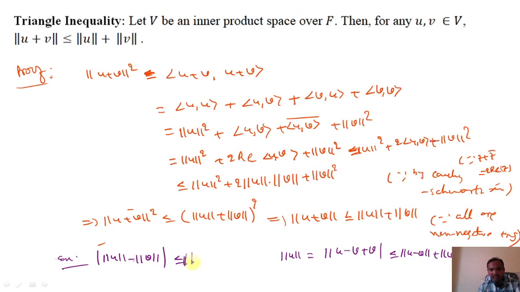So norm u minus norm v is less than or equal to norm u minus v. Next take norm v, and write the same thing: we get norm v minus norm u less than or equal to norm u minus v. If you take mod, minus one is plus one, so the mod is less than or equal to norm of u minus v. Try this inequality.